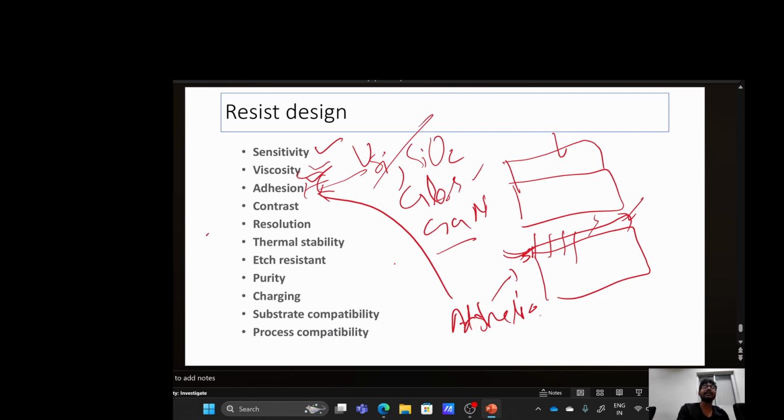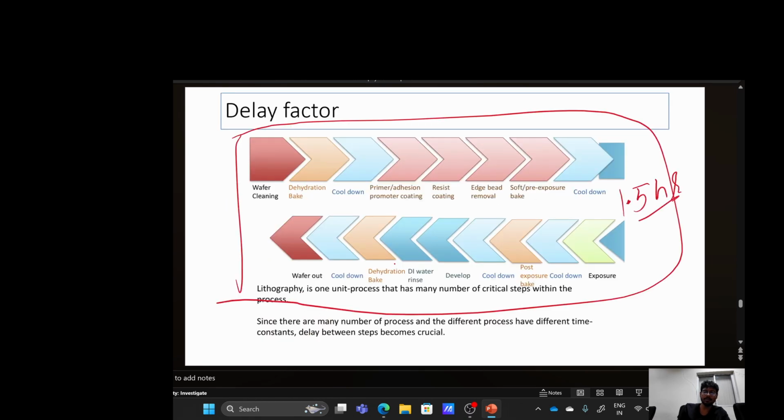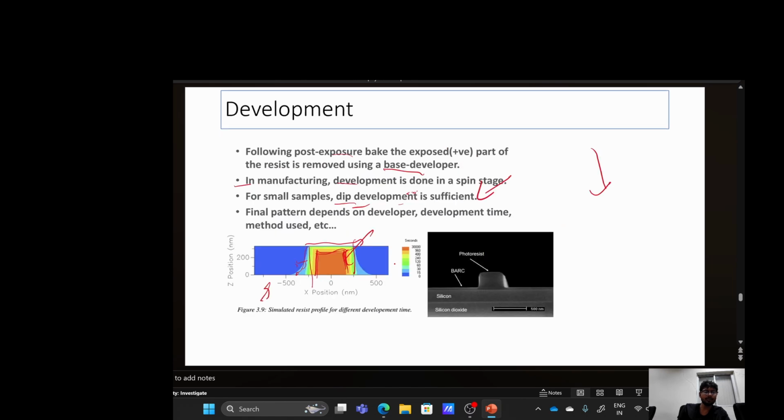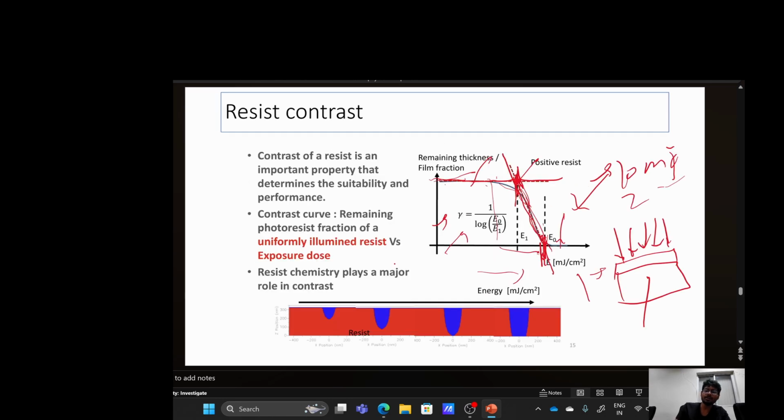And the contrast should be good, as we have seen. Let us go to the contrast curve. This contrast curve should be as sharp as possible, something like this.